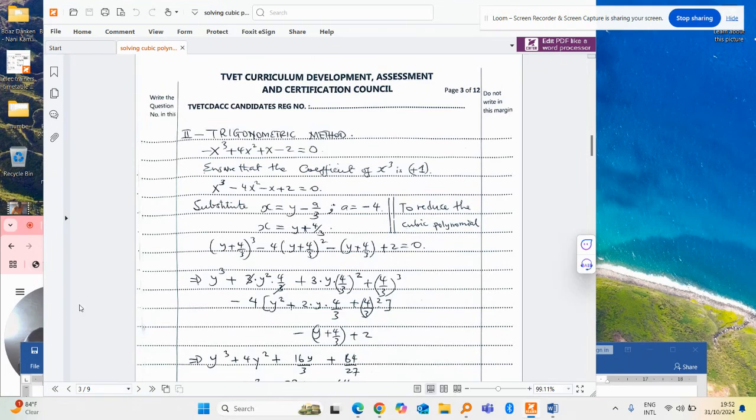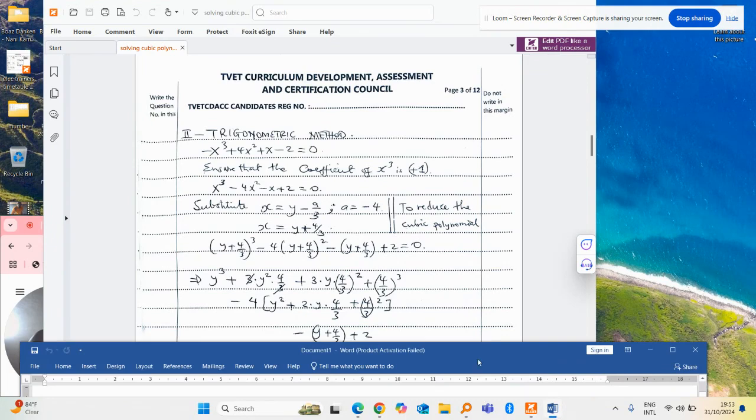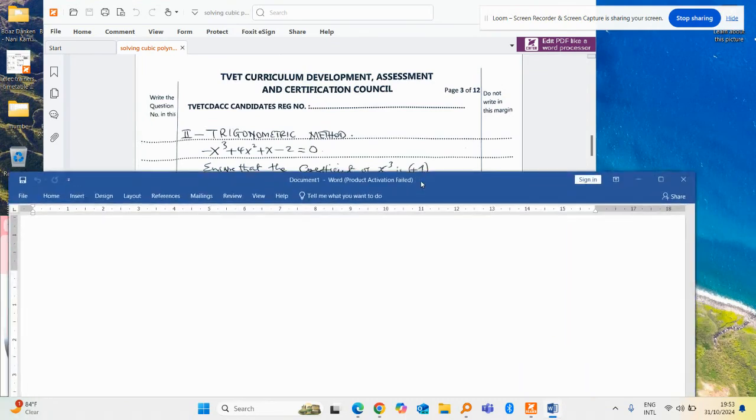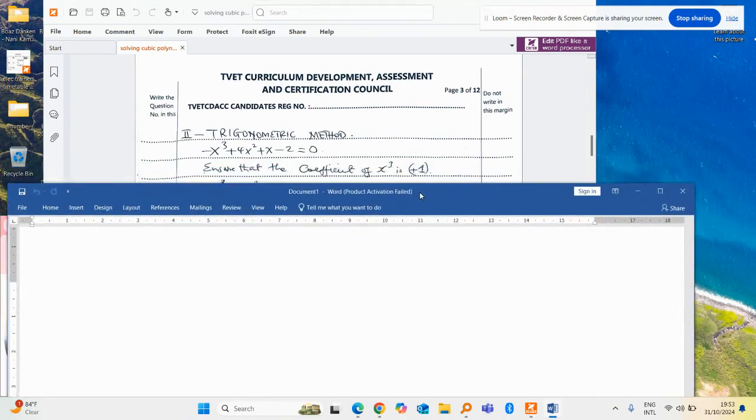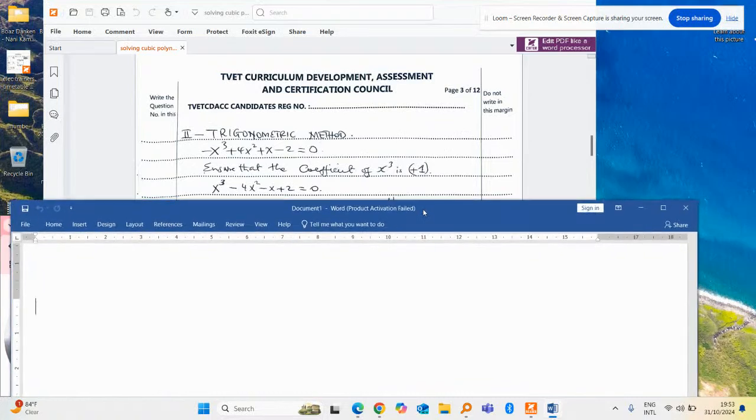The trigonometric method is the method we're going to use to help us solve this problem. What we do is ensure that we rewrite the equation so that the first coefficient changes to positive 1, and that is by multiplying through by negative 1.